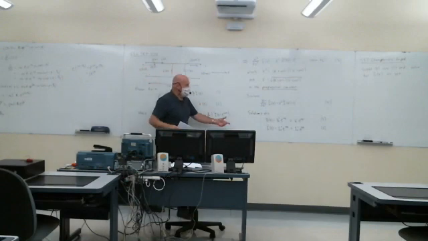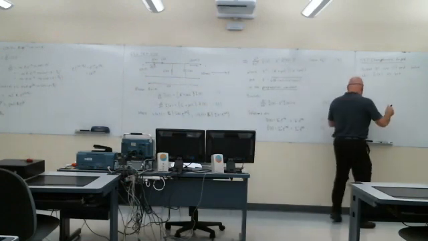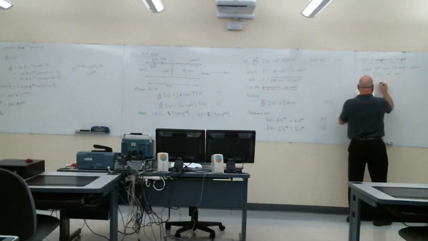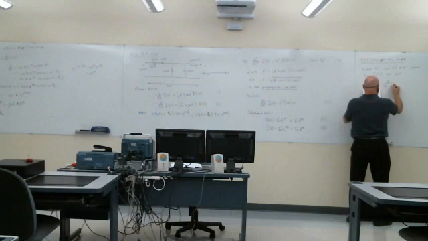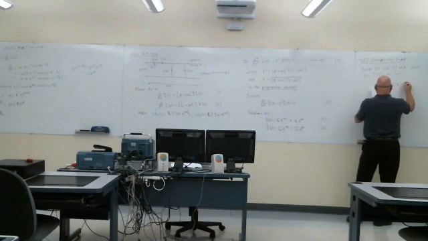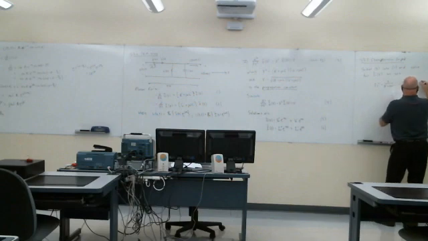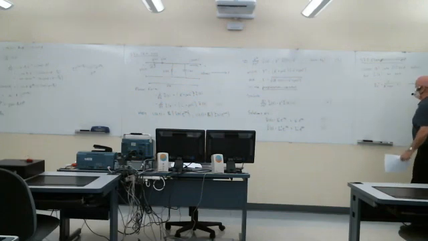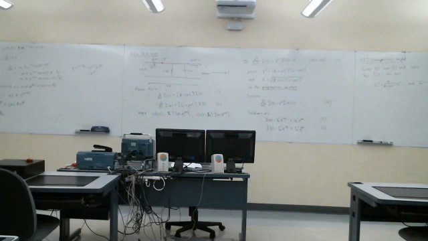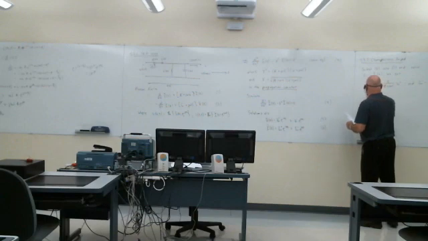With that same form for I, we get that I0 plus is equal to gamma over R prime plus j omega L prime times V0 plus, and I0 minus is the negative of that, gamma over R prime plus j omega L prime times V0 minus. But we have the same ratio in both, our propagation constant divided by R prime plus j omega L prime. Since that appears, we're going to give that a new name.